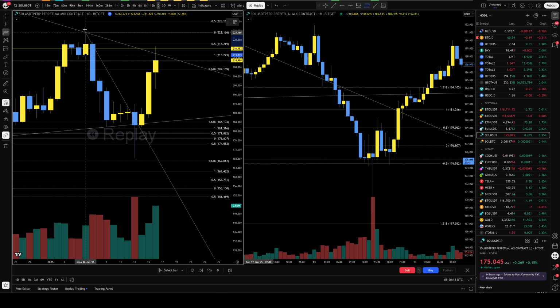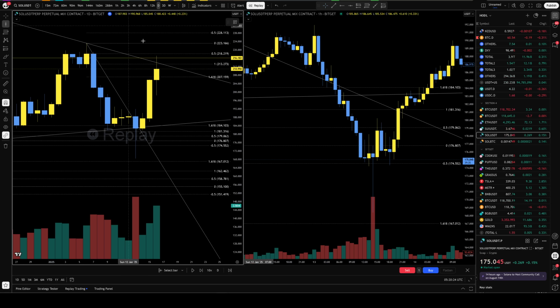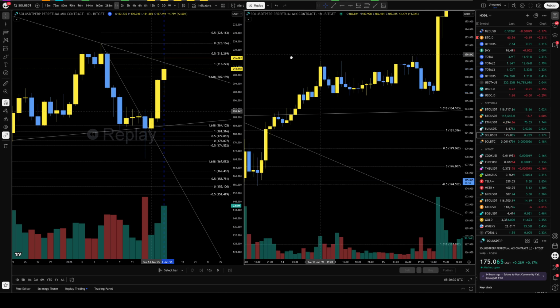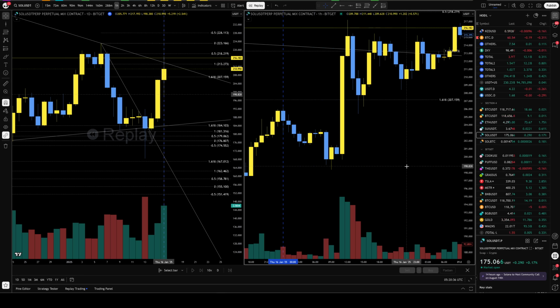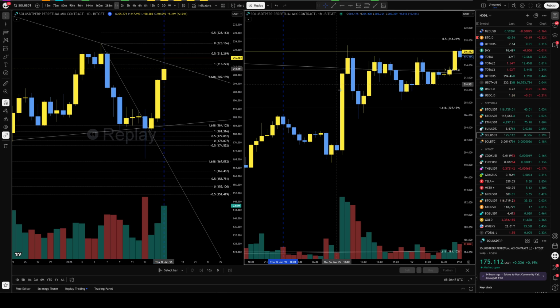So if you were to take that one, as you can see, where's our one? Yeah, so we entered there. It went up, didn't quite make it to the 0.5. It sort of ran into the trend as well. So that was a bit of a stopper for it, but it went up, then came back down here to the 1618.